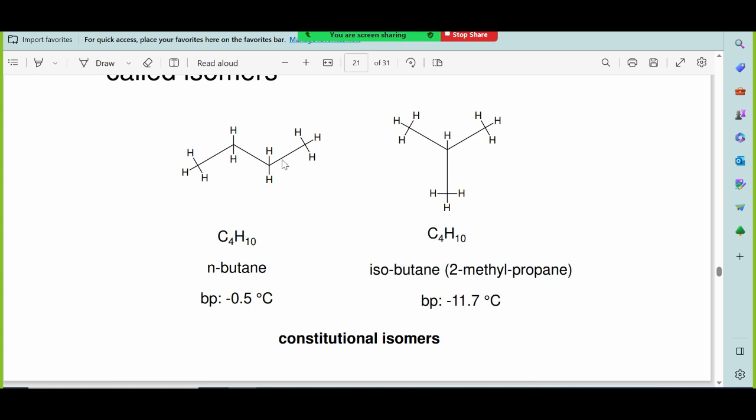So the constitution is different. In this case, we have a constitutional isomer, and this is very easy to detect, because they are just different in their constitution. They just have in common the total number of elements. Other than this, they are not similar in any way.